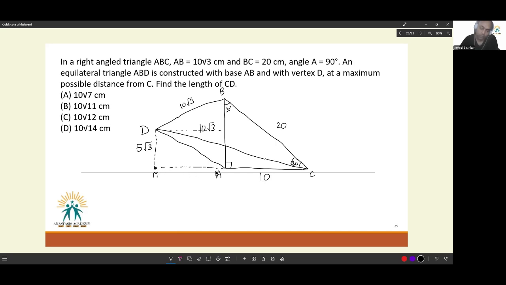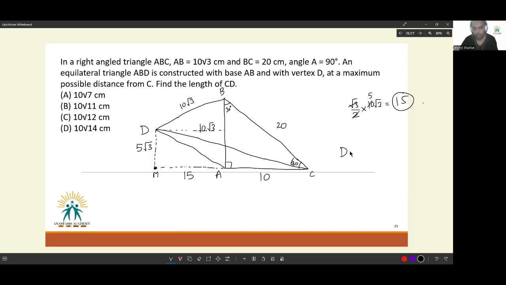Now MA is going to be the altitude for triangle ABD. Altitude for the triangle is root 3 by 2 into 10 root 3. So it will be equal to 15. So now I have DM as 5 root 3, MC as 25.